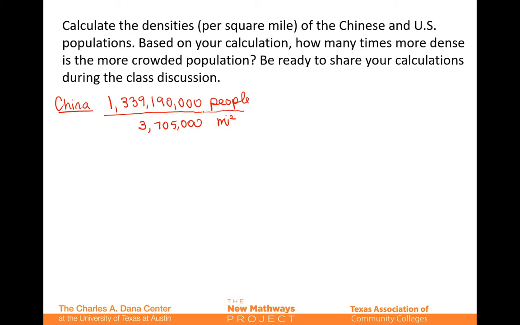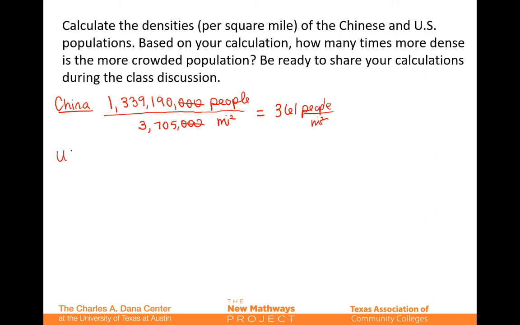Now, we can simplify putting this in the calculator by realizing that if there's 3 zeros here and 3 zeros here, we can divide that out. And when we put this in the calculator, I've got 1,339,190 divided by 3,705. This is 361 people per square mile.